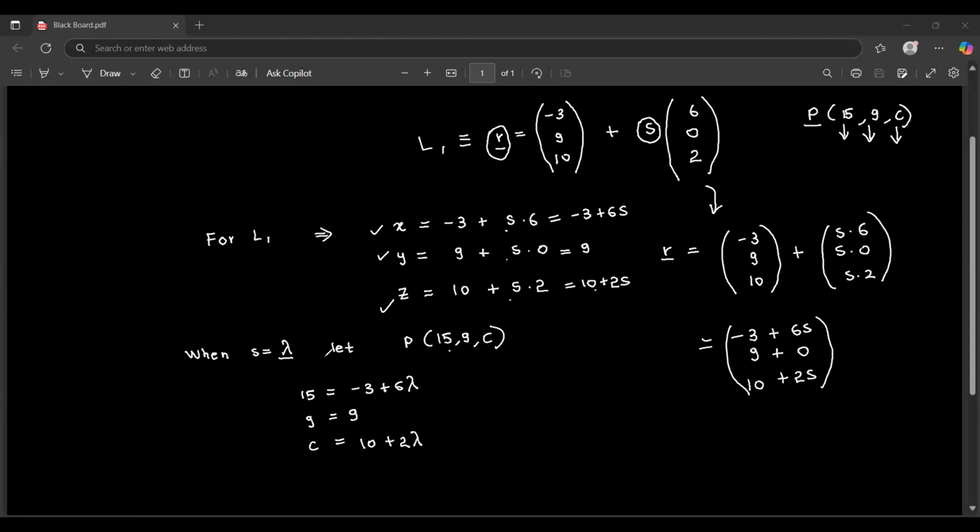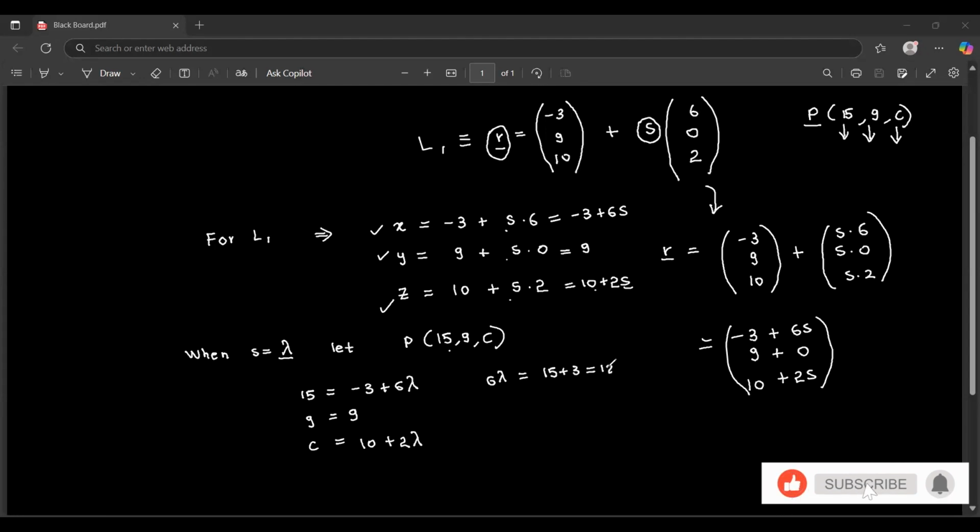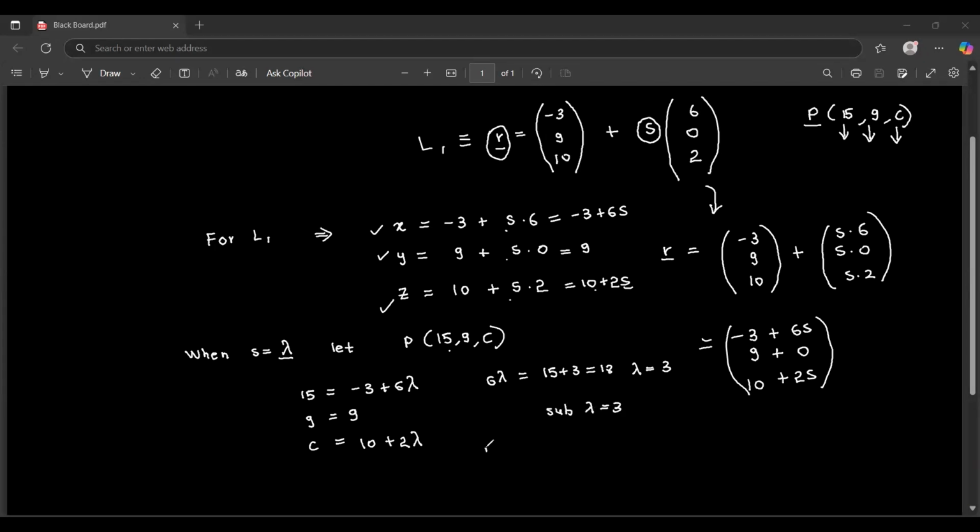We are assigning the value lambda to s, and when that is the value, the point P lies on L1. So 6 lambda equals 15 plus 3, which is 18. Lambda is equal to 3. And we can substitute lambda equals 3 into this equation. So c will be 10 plus 2 into 3, which is equal to 16. So this is how we find c.